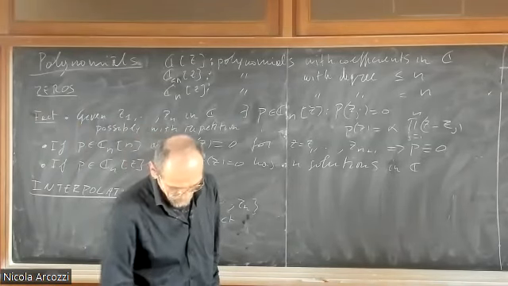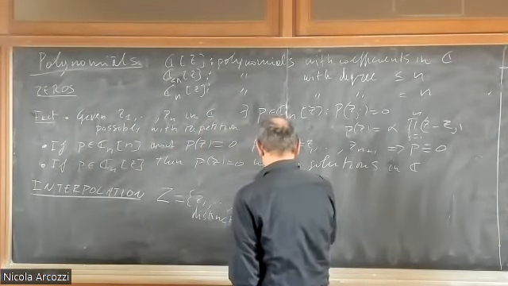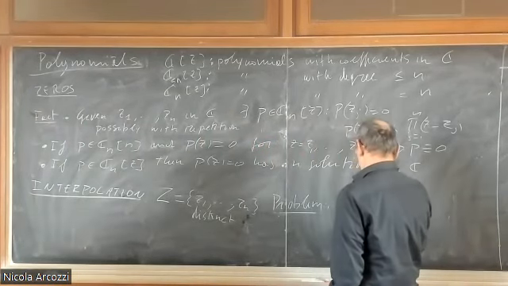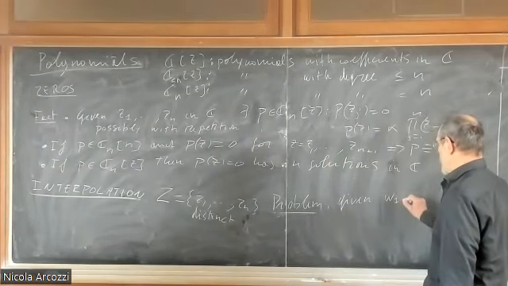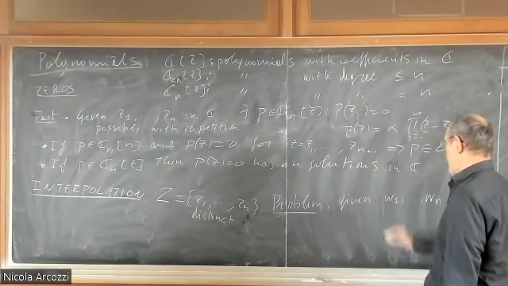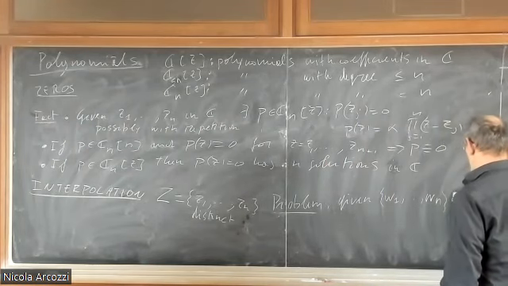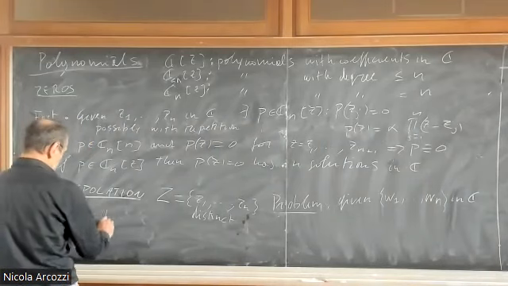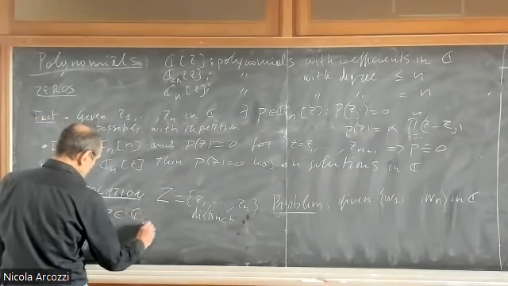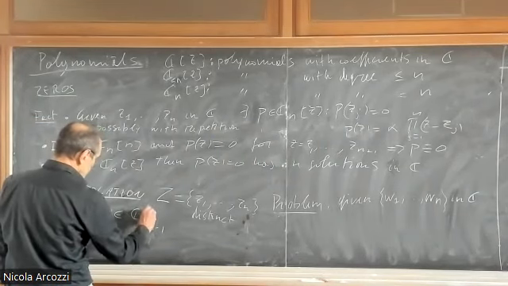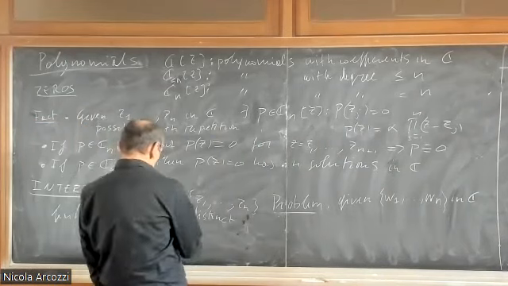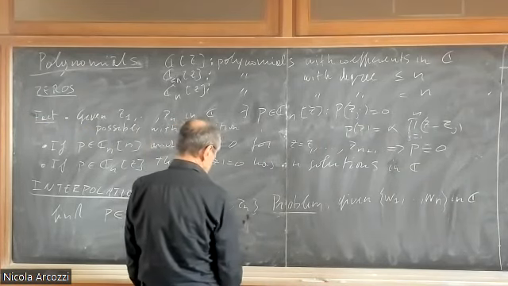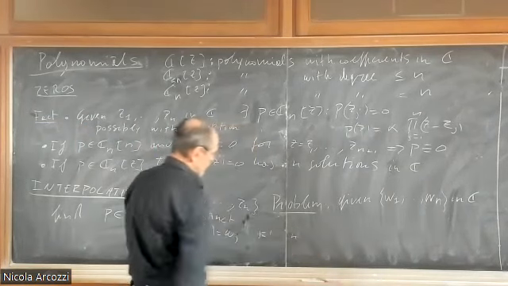Okay, so the problem is: given W1, ..., Wn complex numbers, find a polynomial of degree no more than n-1 so that P of Zj equals Wj.